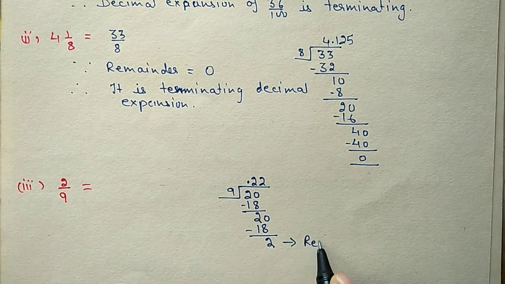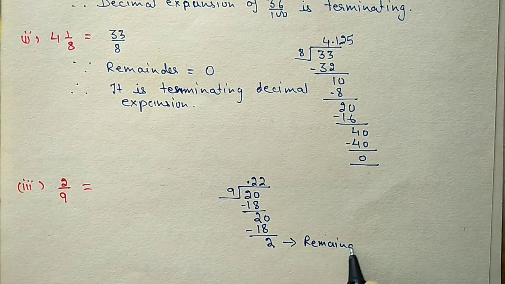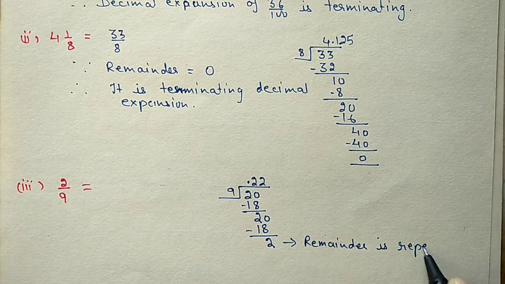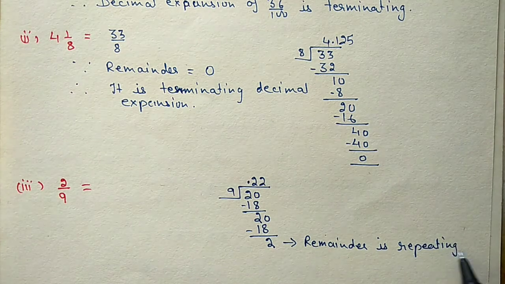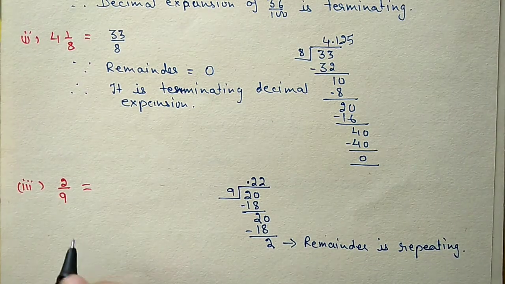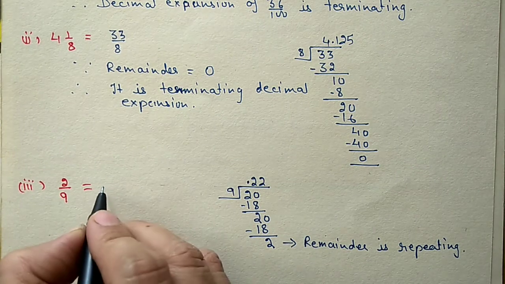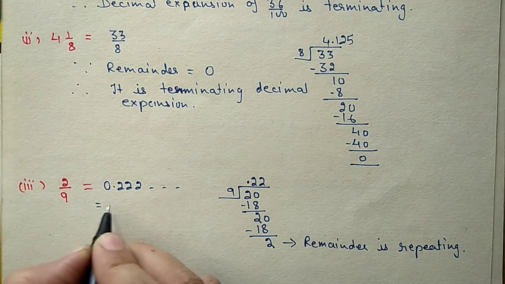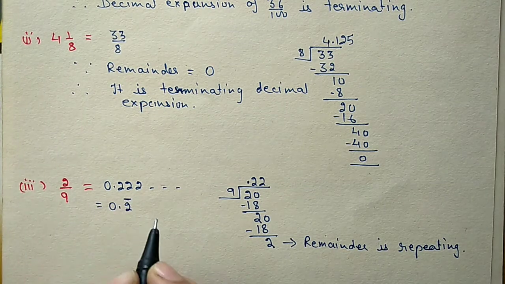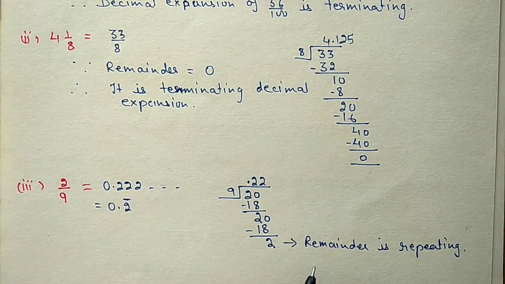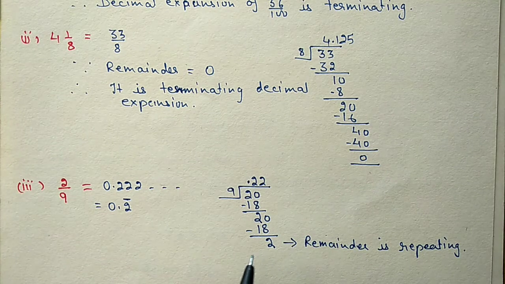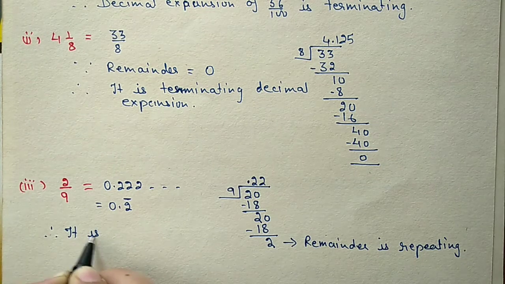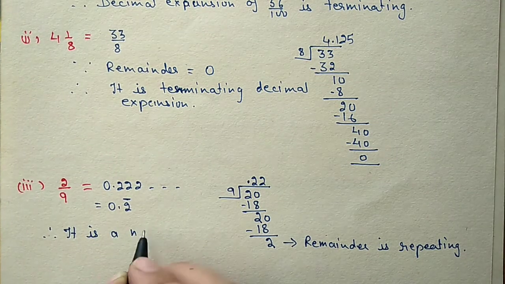This 2 is a repeated remainder here. Therefore we can write this is equal to 0.222 up to infinity or 0.2 bar. So because the remainder is repeating again and again, it is a non-terminating decimal number.